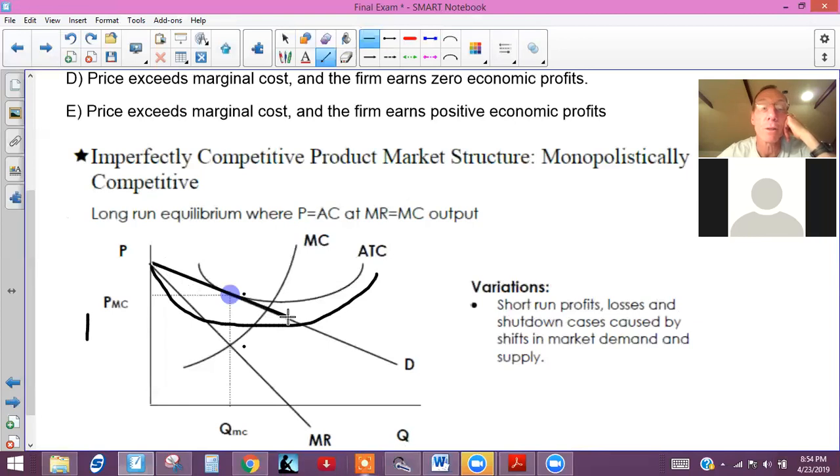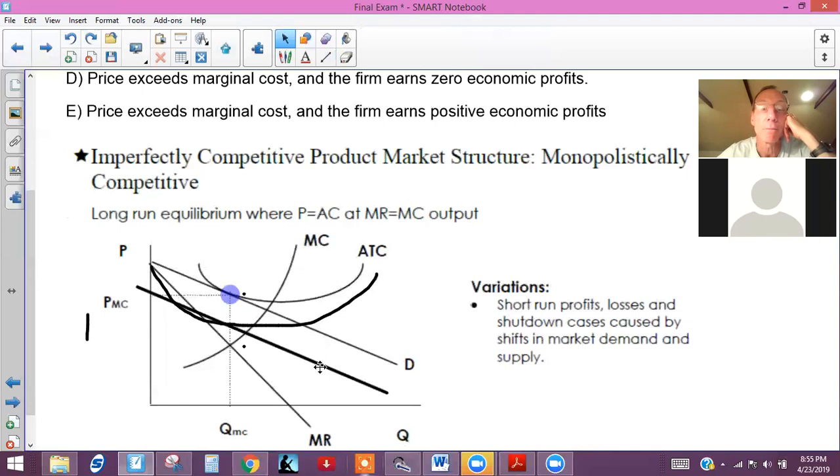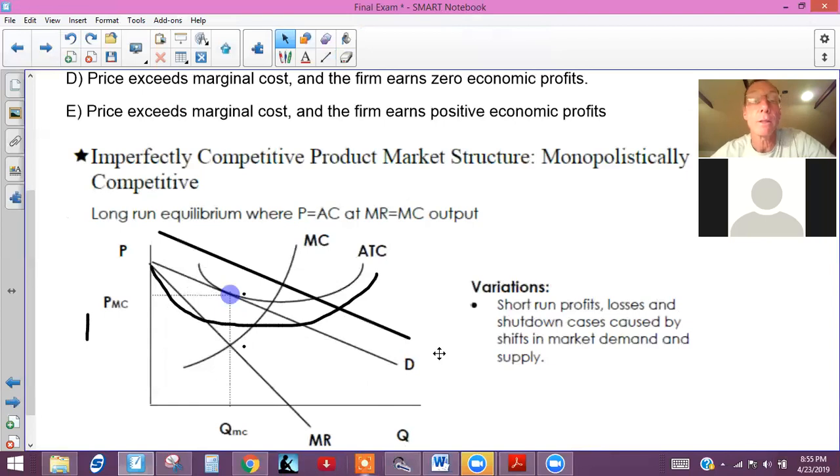Actually, it would shift like this. If I could draw it, it would shift like this, like that, right? And then until it eventually got to a point where they were in long run equilibrium. Okay, that's what would happen.